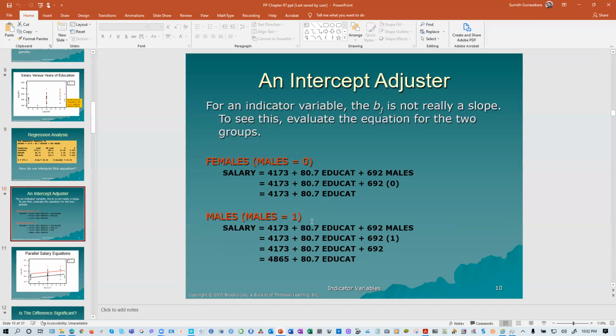Then you can easily see the indicator variable is not really a slope. The real slope you can see after that. Look at this calculation. Their slope is 80.7, 80.7. They should be parallel to each other.